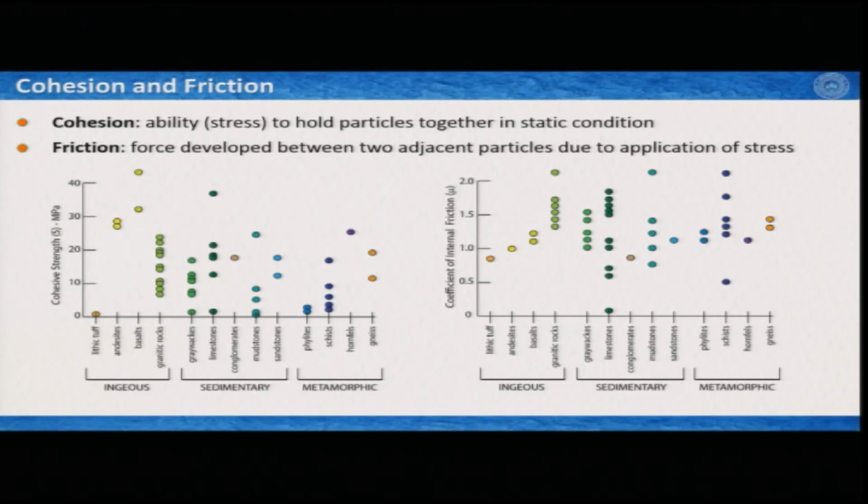Now, what is cohesion and what is friction? We talk about these two terms very frequently. Cohesion is, let me give you the feeling, when your material is at rest, that is, in static condition, with no external force being applied, the particles can still stay together, and this ability of particles to stay together under static condition is cohesion.